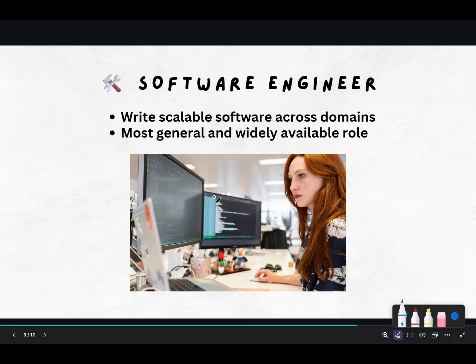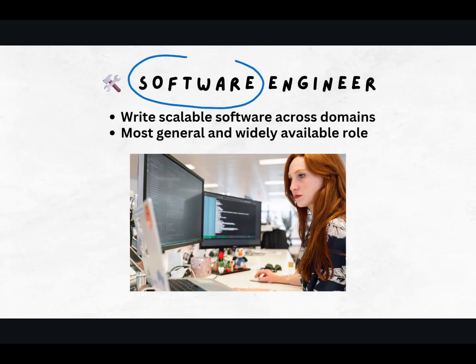Okay, so another extremely popular field is software engineer. What they do is write scalable software across domains. What does this mean, across domains?